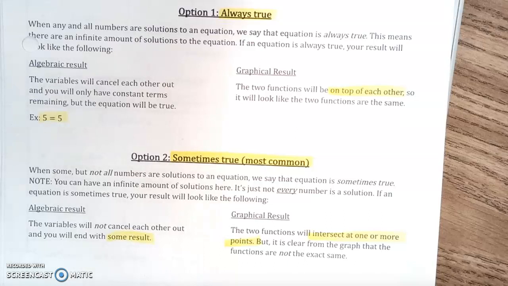You'll get something like 5 equals 5, or -2 equals -2, which is true. -2 does equal -2. But it won't have any variables left in it.